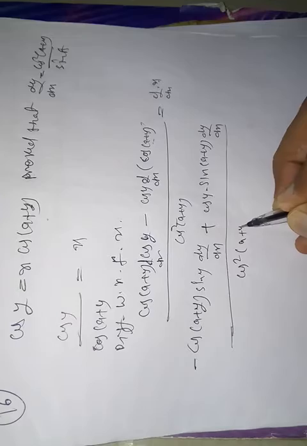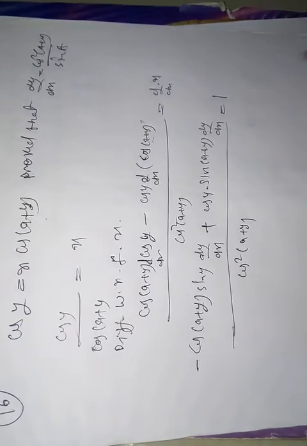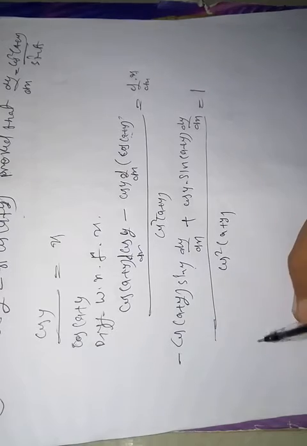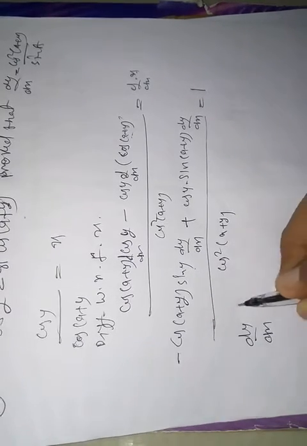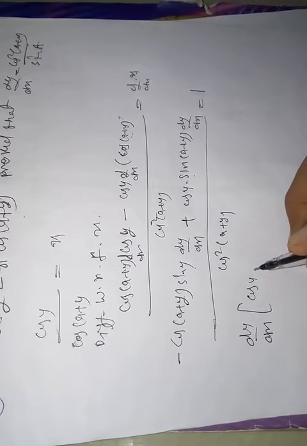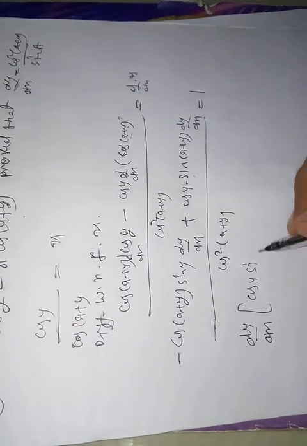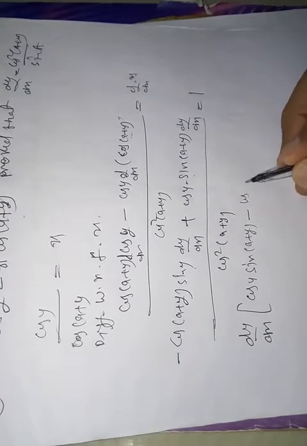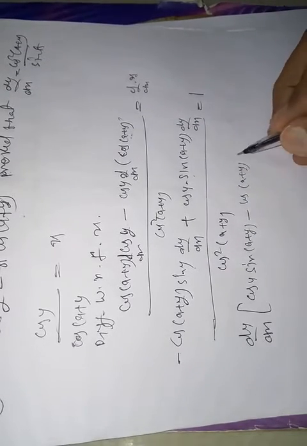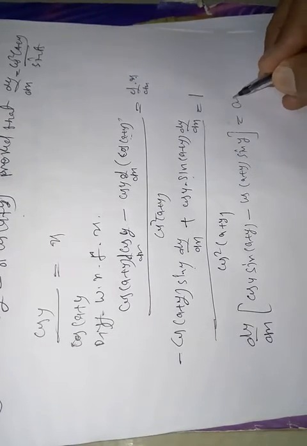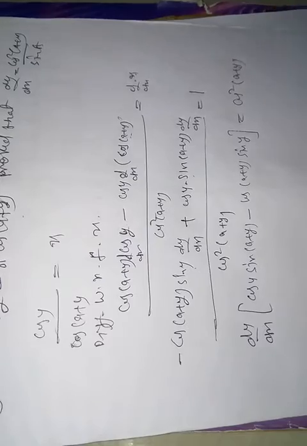Upon cos squared (a plus y) equals 1. Cross multiply and take dy/dx common. The first term is positive: cos y into sin(a plus y) minus cos(a plus y) into sin y equals cos squared (a plus y).